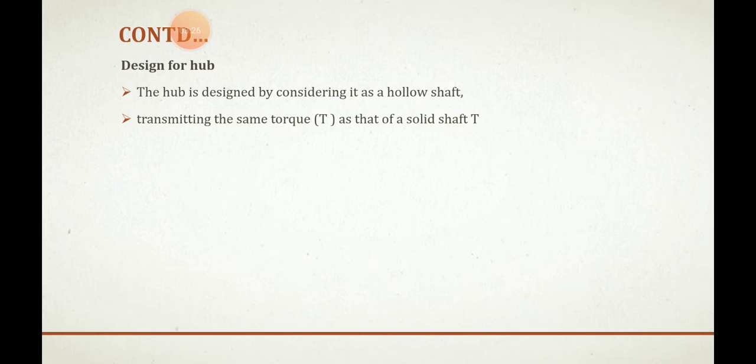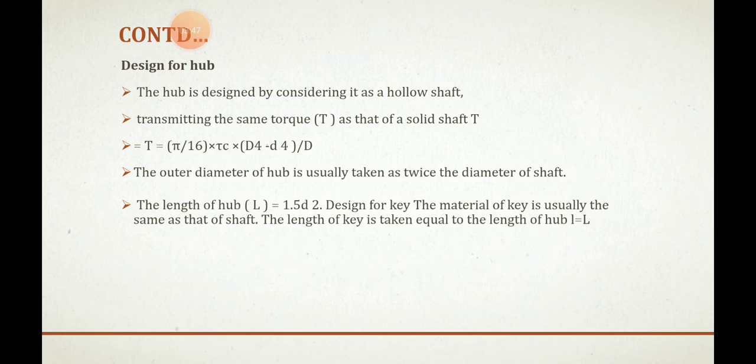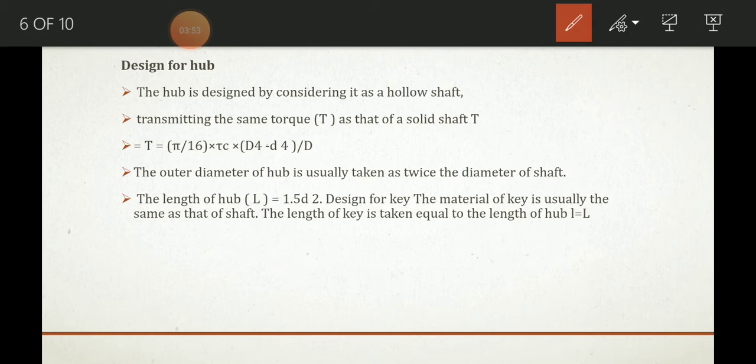So first we have to calculate the torque transmitted, which is given by the formula pi by 16 tau c into (D^4 minus d^4) divided by D, where D is the outside diameter and d is the inside diameter. This is how we can calculate the torque transmitted. The length of the hub is given by 1.5 times d.